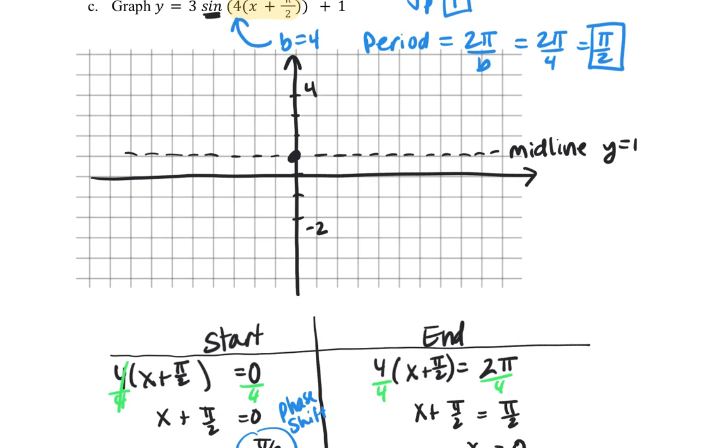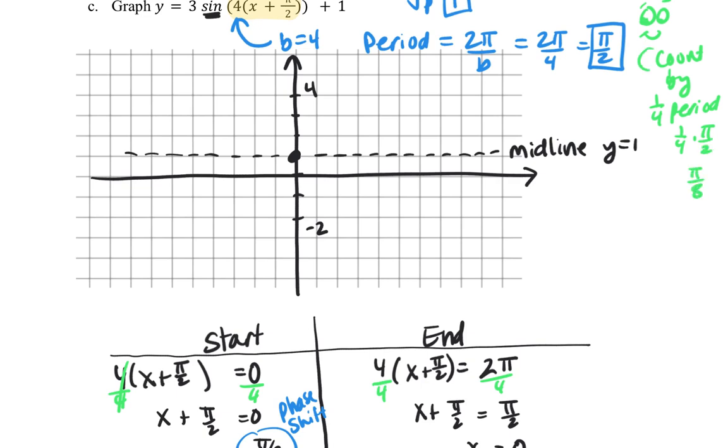And let's see. Let's think about what we're going to have our tick marks be worth. My tick marks, I'm going to count by a quarter of the period. So we're going to do a quarter of pi over 2, so that would be pi over 8.